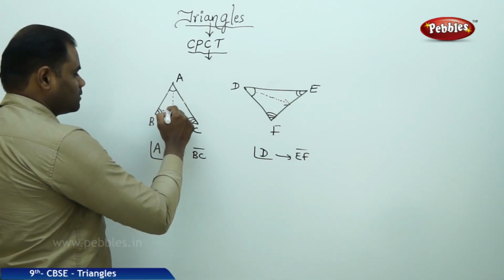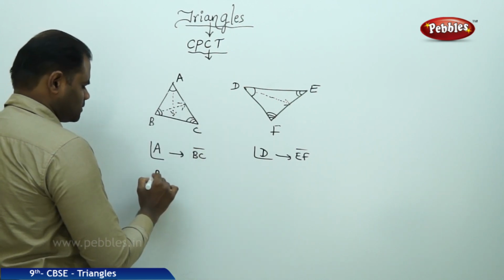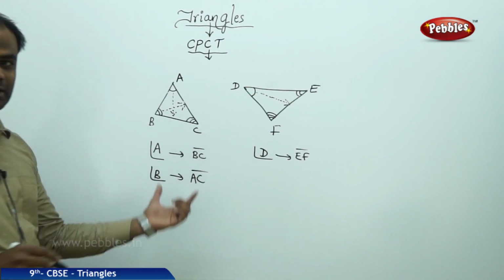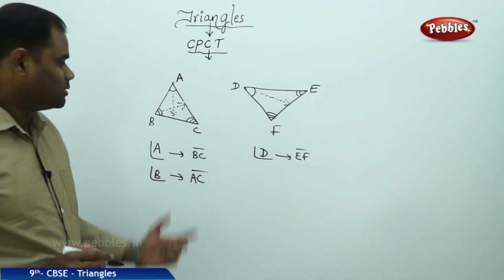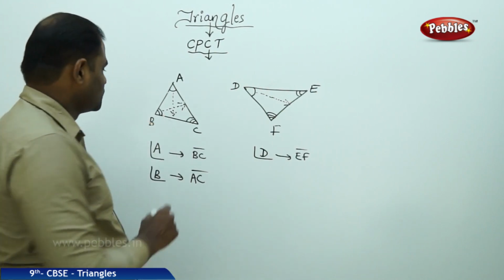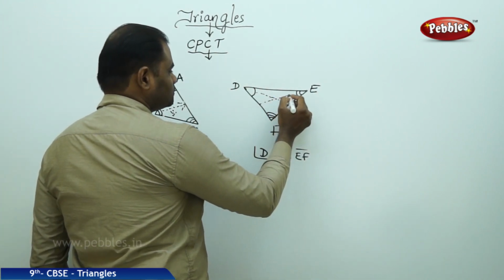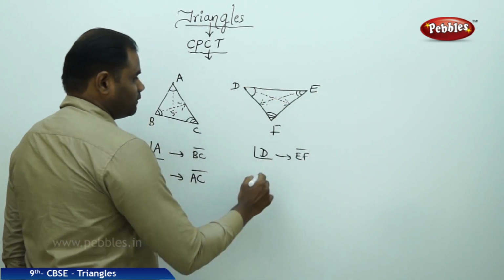Similarly, let's go to angle B. For angle B, the side which corresponds is AC. Its corresponding side in the other triangle DEF is understood through the corresponding angle E for angle B. So, the corresponding angle of B, which is E, has its opposite side DF.